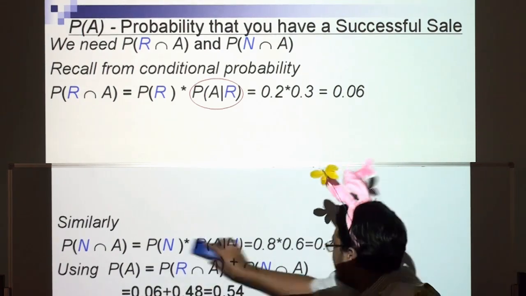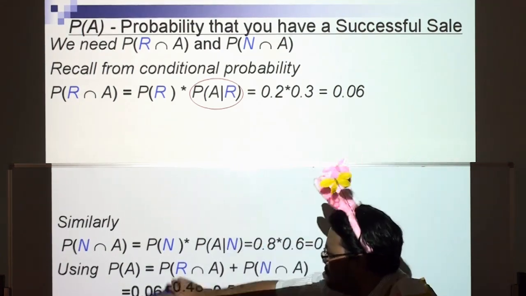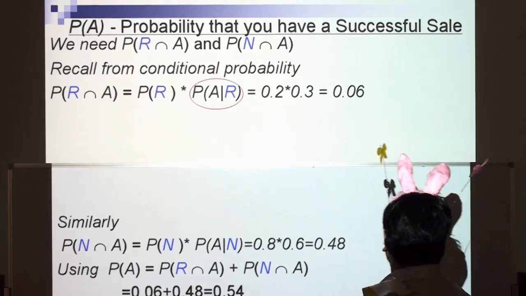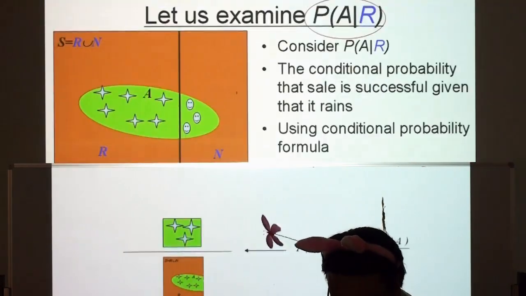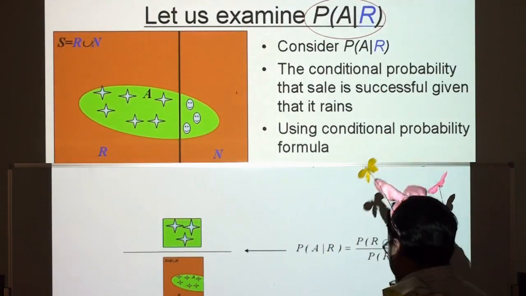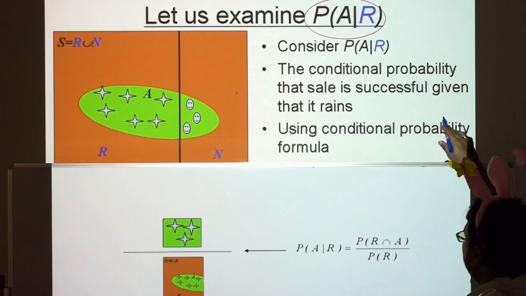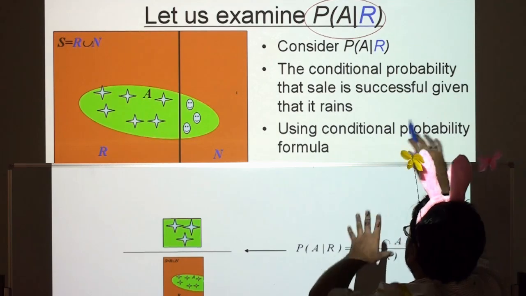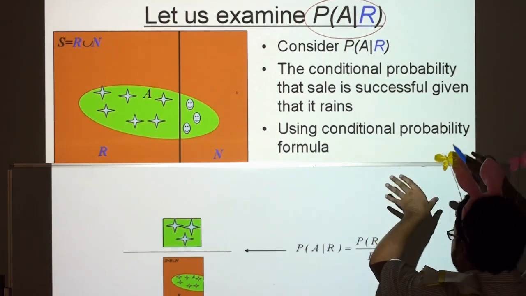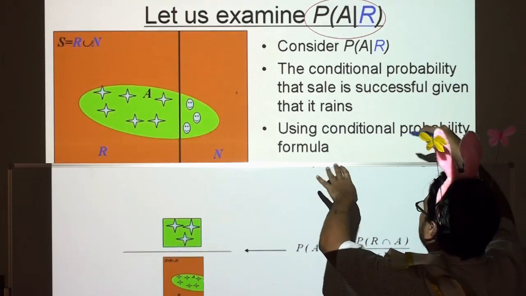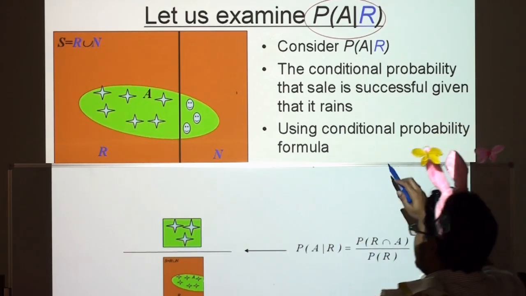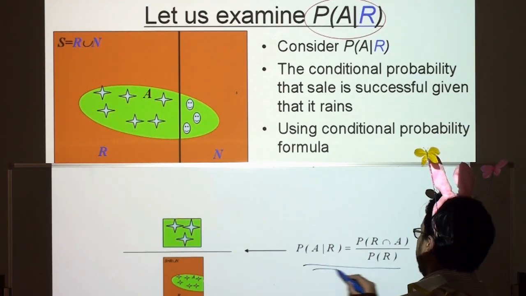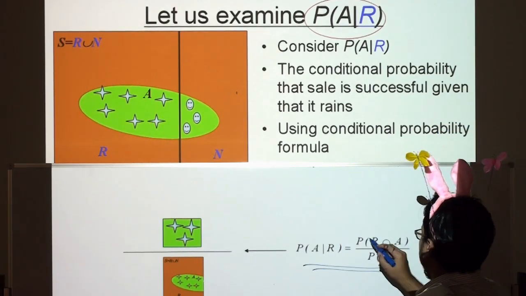Okay, and finally, I prefer the tree method. Actually, I think it's much simpler. So let's examine the probability of success given rain. Consider P(A|R), the conditional probability that the sale is successful given that it rains, using the conditional probability formula. Here's our formula, similar to our Bayes' theorem formula.